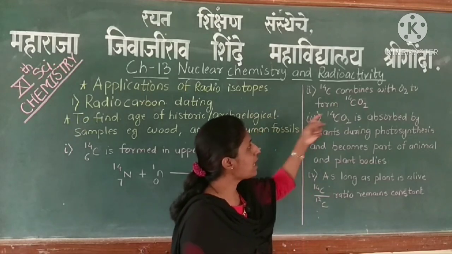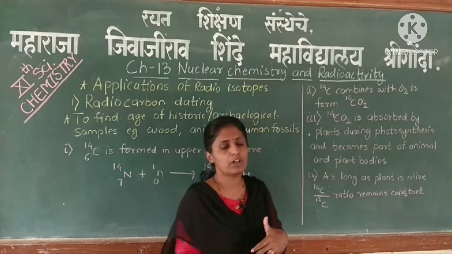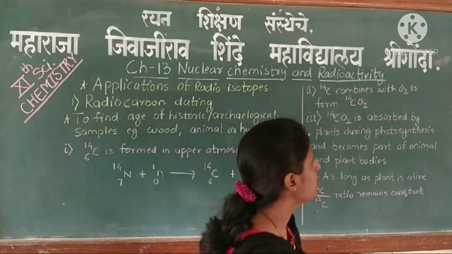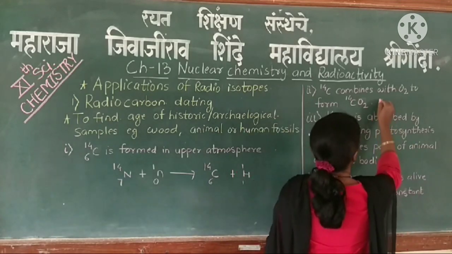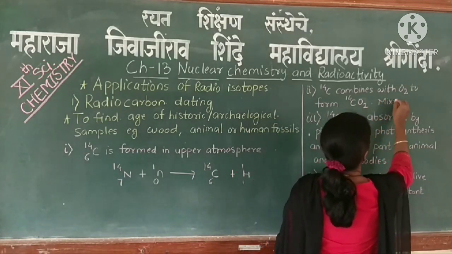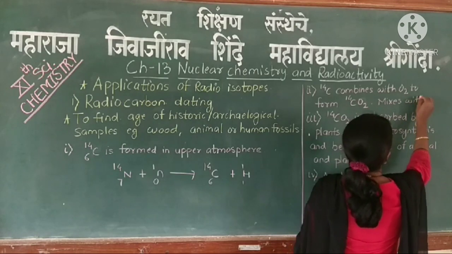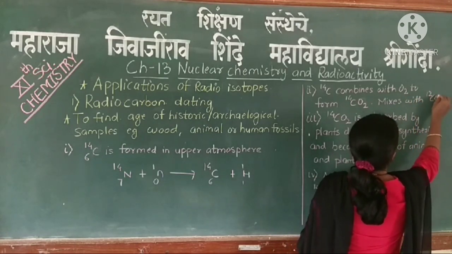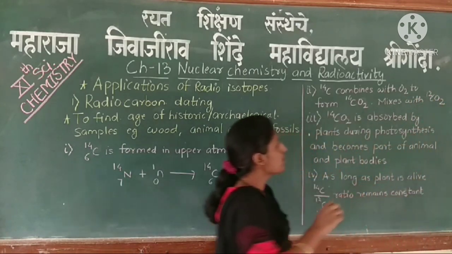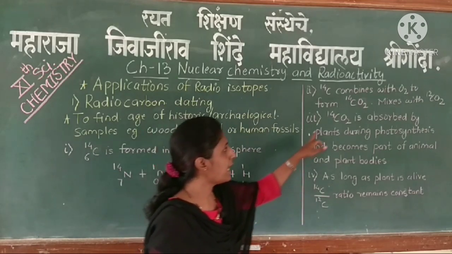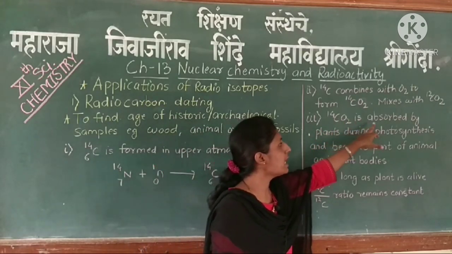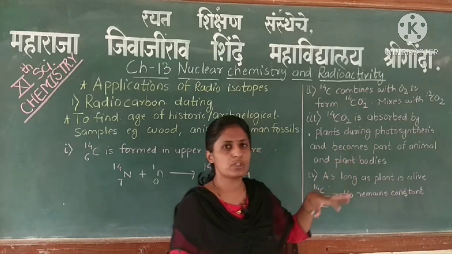Now this carbon dioxide mixes with your normal carbon dioxide, and this carbon dioxide is then absorbed by plants during photosynthesis.